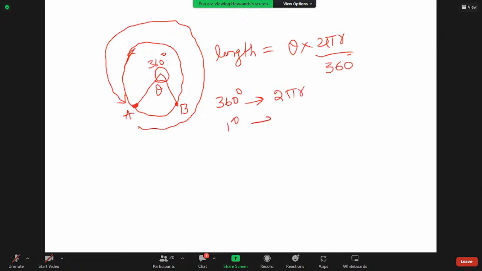If it is 1 degree, we say 2 pi r by 360. So length of the arc of a circle is theta into 2 pi r by 360.